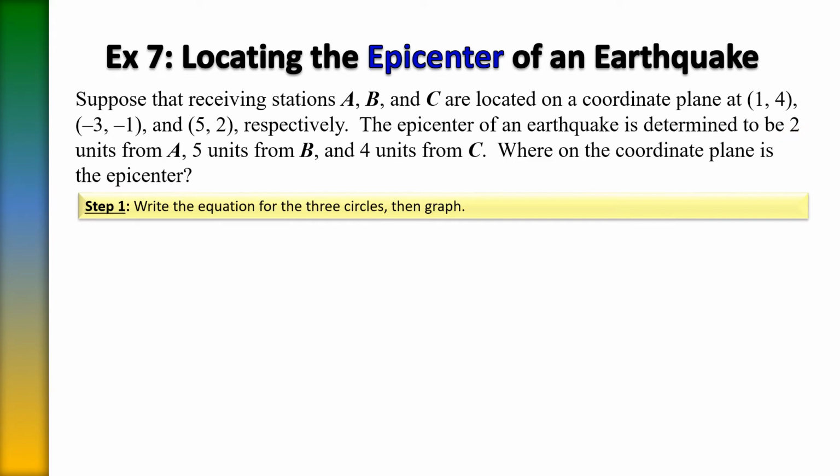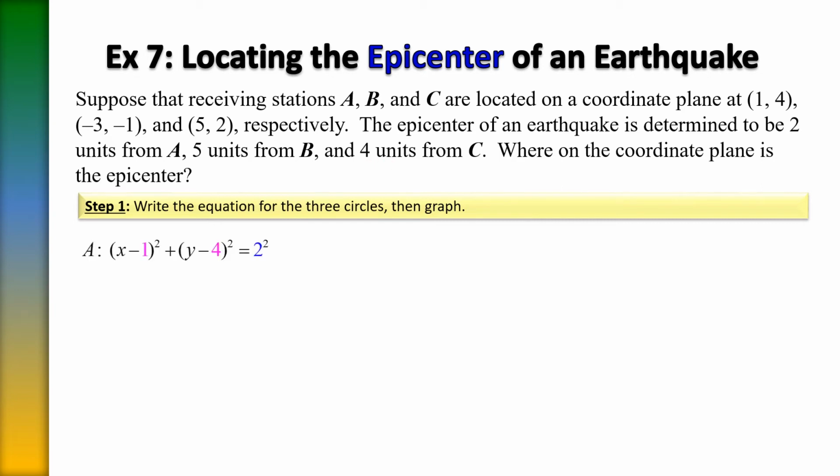The same goes for B: center (-3, -1) with a radius of 5. The last one, C: center (5, 2) with a radius of 4.